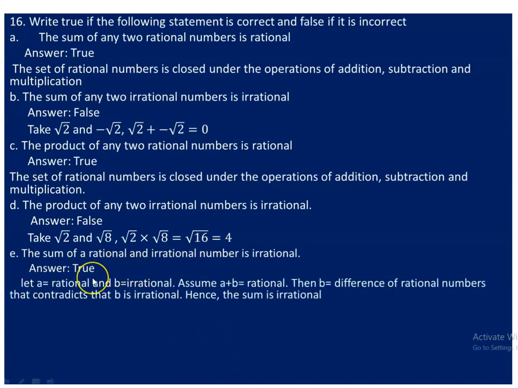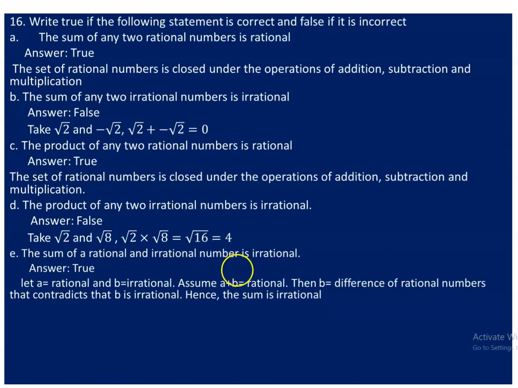Suppose a is a rational number. Consider a to be rational and b to be irrational. Now, assume that the sum of the two is rational. Basically, it was irrational, but now let's consider it as if it is rational. So our assumption here contradicts the basic fact. Because of this, we can come back and say that the sum is irrational.